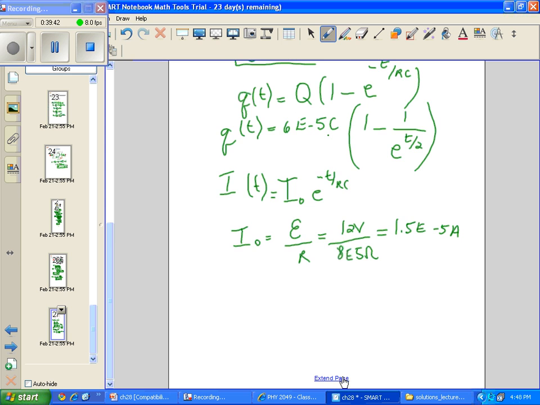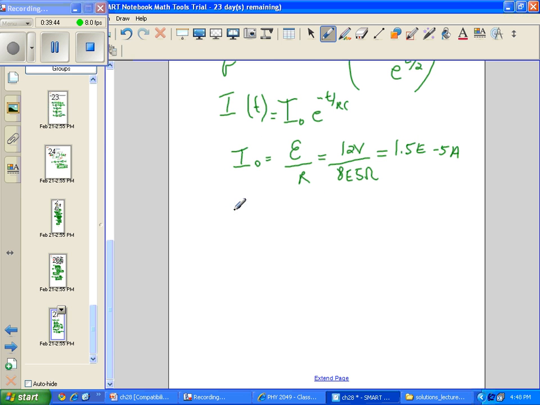Now we can write the functional form with numbers. I as a function of time equals 1.5 e to the minus 5 amps times 1 over e to the t over 4.